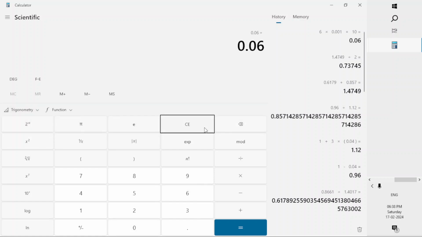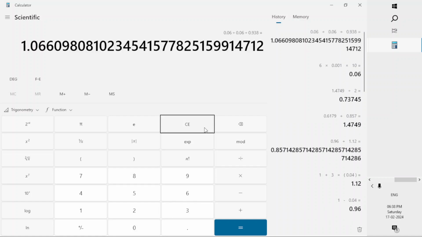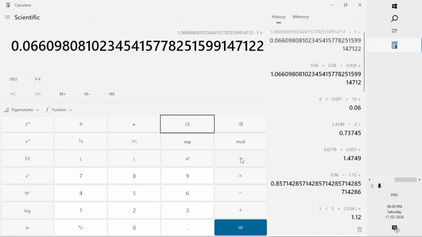So 0.06 divided by 0.938, this is your value. So you have to take the negative, it's 1.06.